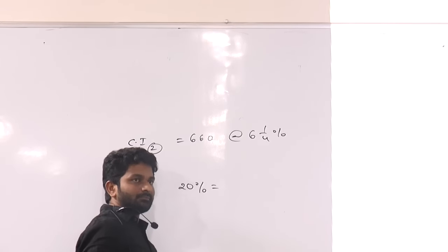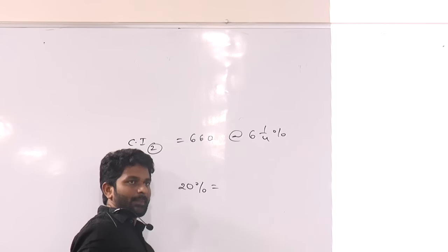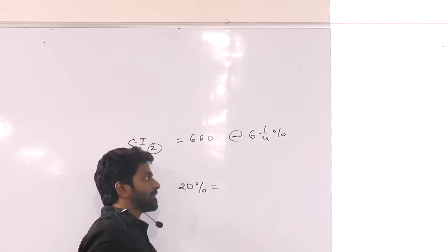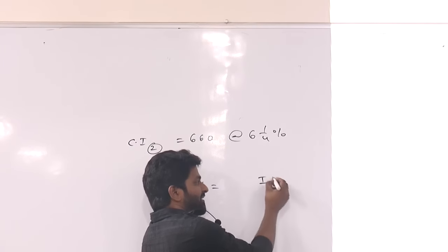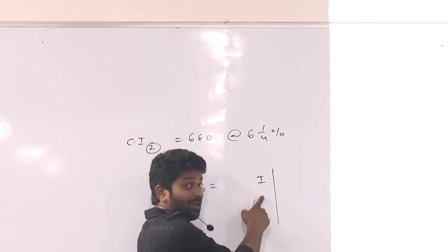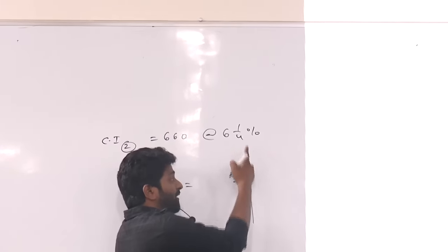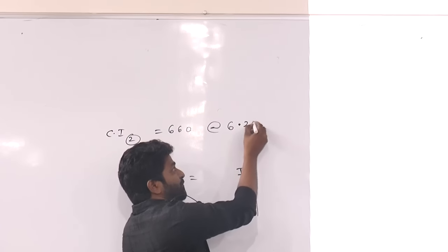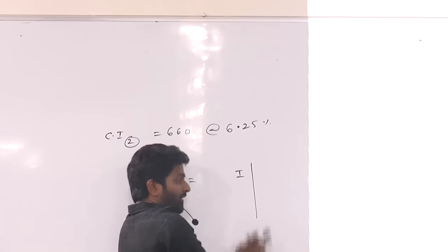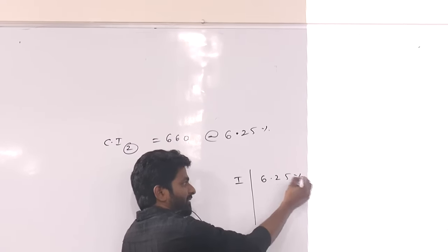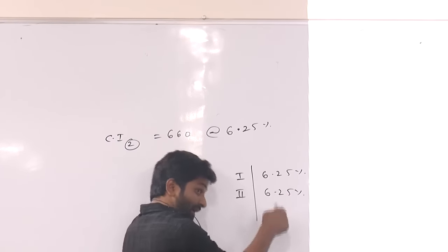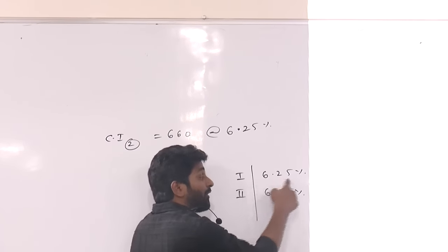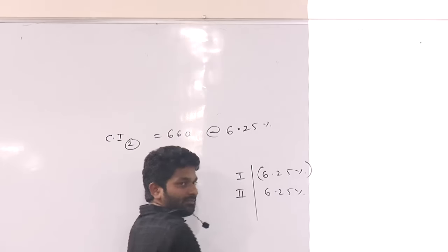Now, one way is first year compound interest. I am trying to calculate compound interest. 6.1/4% in the sense 6.25%. First year you will get 6.25%. Second year also you will get 6.25% and 6.25% of this number.